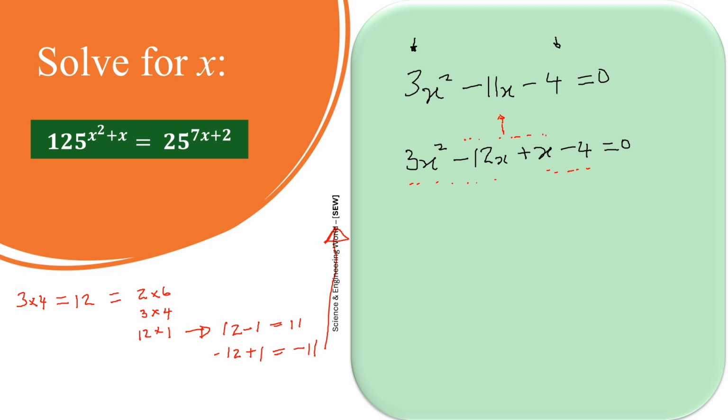We can take a common factor between them, which is 3x. 3x times x gives us 3x squared, minus 3x times 4 gives 12x, so that gives us the bracket x minus 4. Then we bring the plus down, and what is common to the second two terms is 1, so plus 1 times x minus 4, equal to 0.